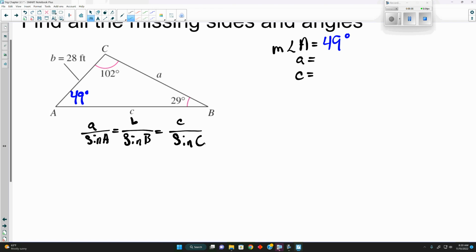Now, when we look at our given information, what side length are we given? For sure, b, yes? So part of solving this is we'll put side length b over sine of angle B, which is 29. And with law of sines, it's always going to be side length over sine of its angle opposite.